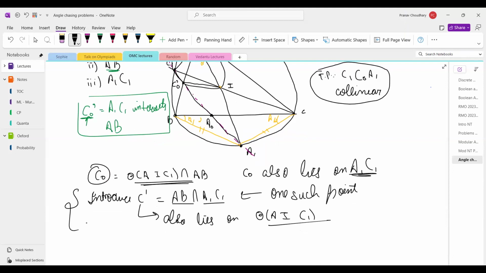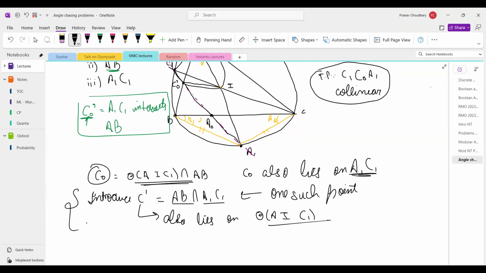Okay, got it. So basically, we have to prove C0 dash lies on that circle. Yes. So the idea is that we have to prove that three things are concurrent, and we take any two nice things out of those and prove the other thing passes through it as well. It depends on you what two nice things you pick. That is one very generic idea that is used almost everywhere.